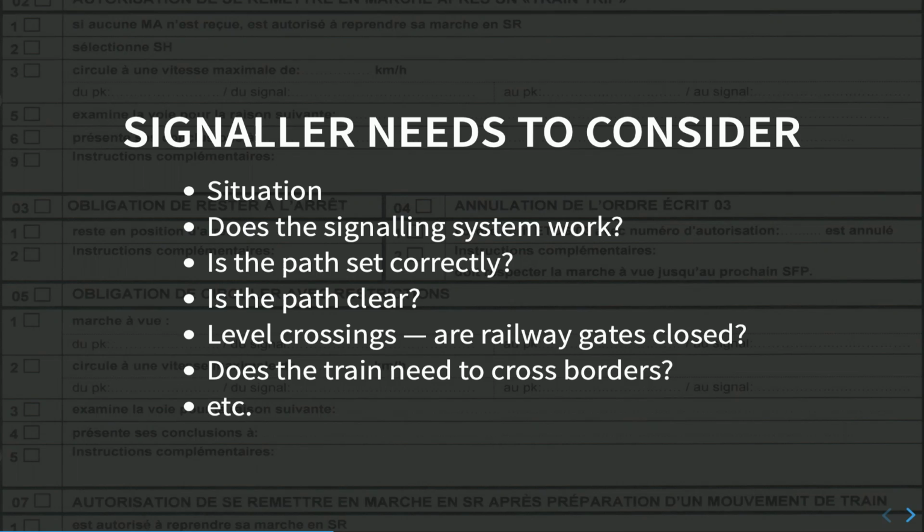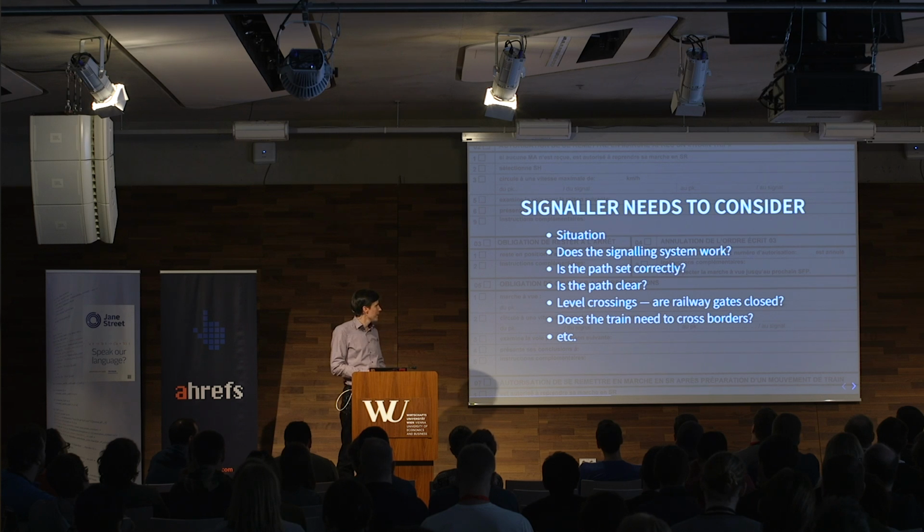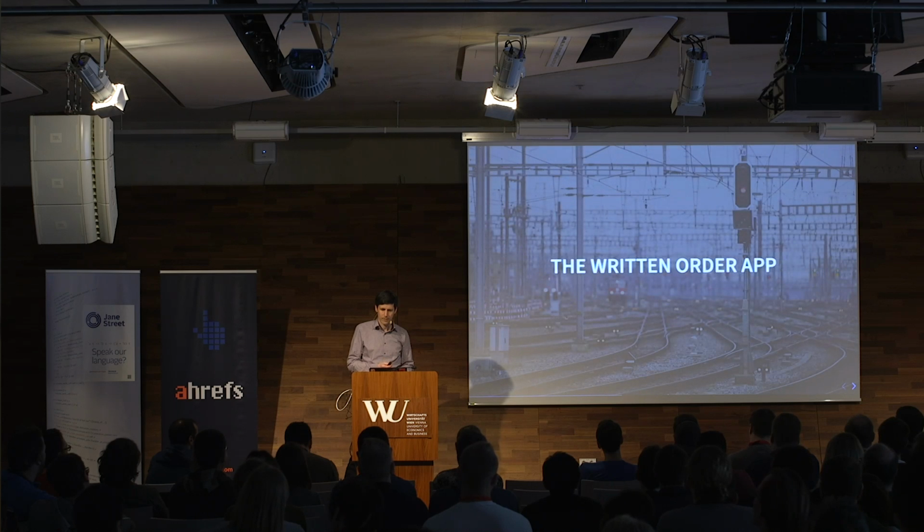So in this process, we have seen the signaler has a lot of responsibility and a lot of things to care about. The correct course of action depends on many parameters and requires exhaustive knowledge on the railway infrastructure. So how can we support the signaler in this process? And this is where our written order app comes in.